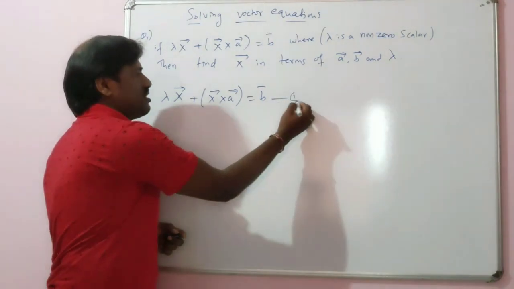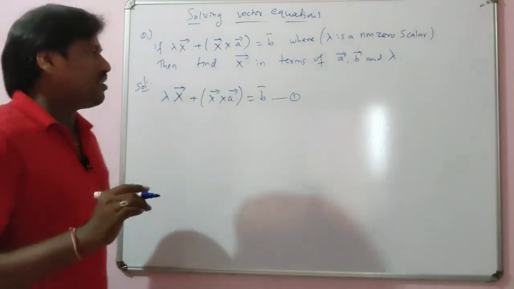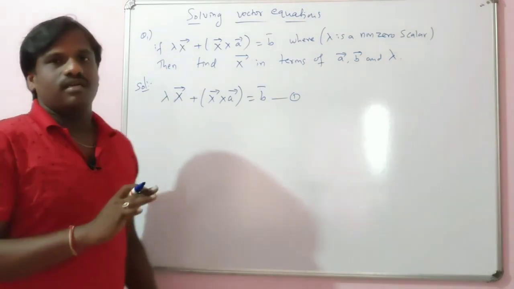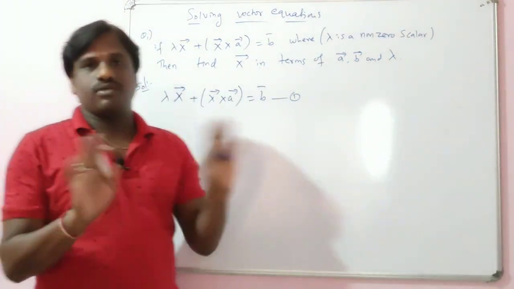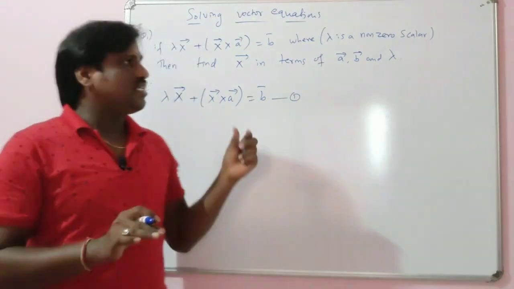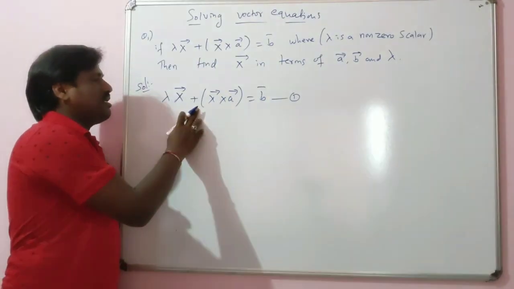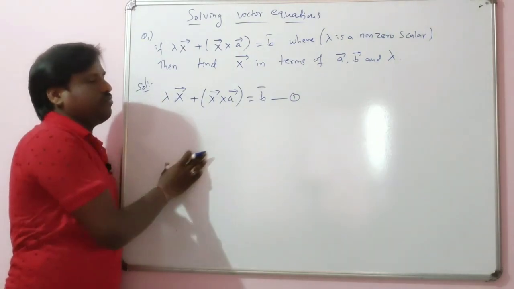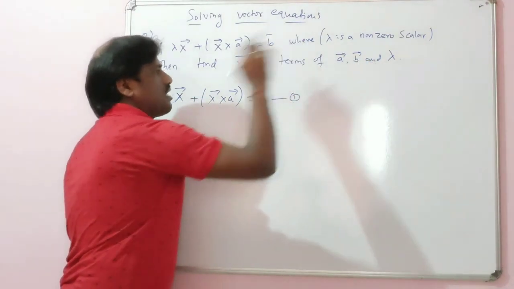This is the first equation, you take it. How to solve this is a simple logic. This is advanced level. It is not related to boards. They won't ask these types of questions in boards, and mains also not. It is only pure advanced level. You have to find the x vector in terms of a vector, b vector and lambda.